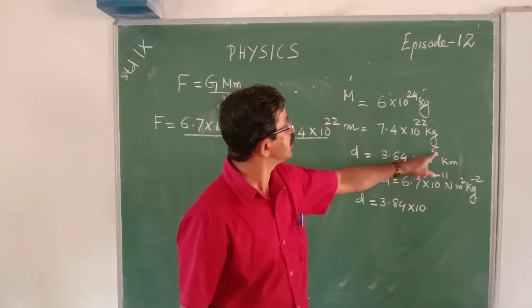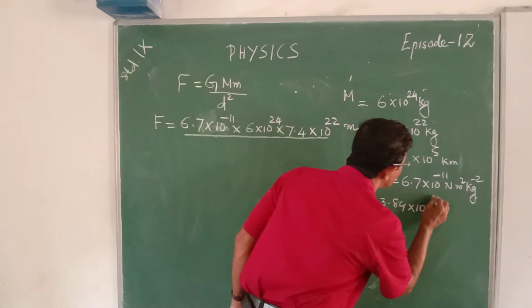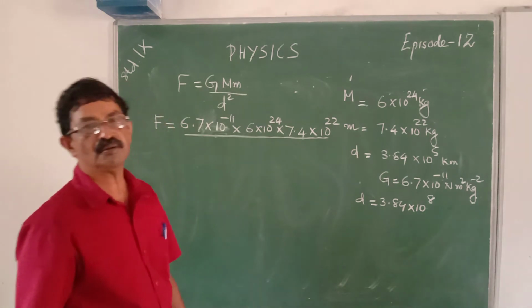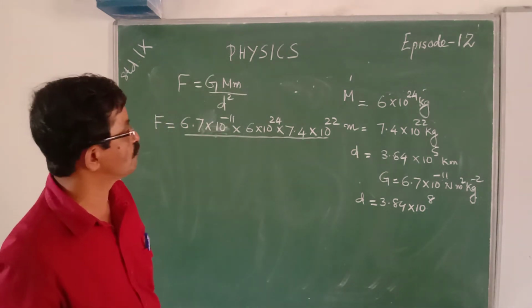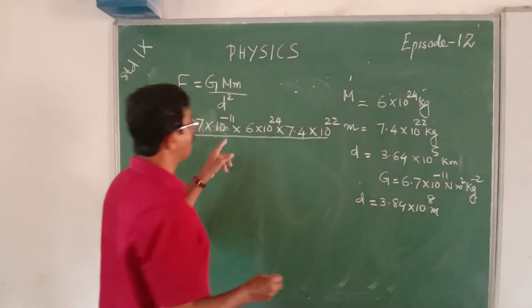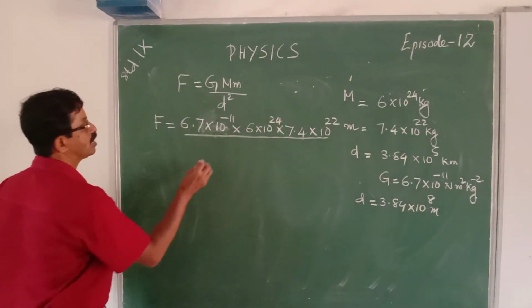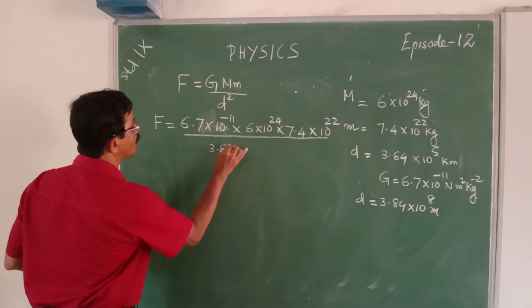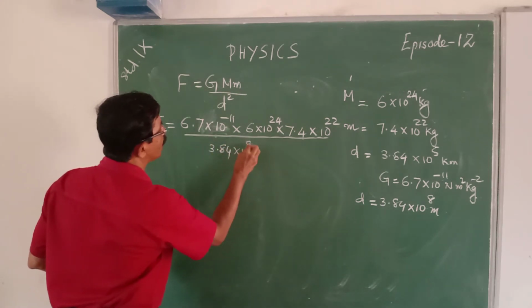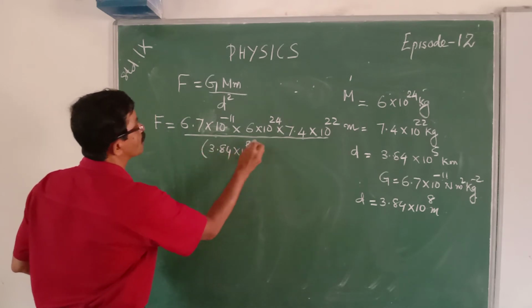So 10 raised to 5 becomes 10 raised to 8, because 1000 meter is 1 kilometer. So this much meter. Now we can put this value here, that means 3.84 into 10 raised to 8, the whole square.